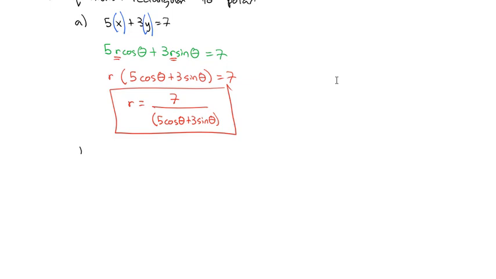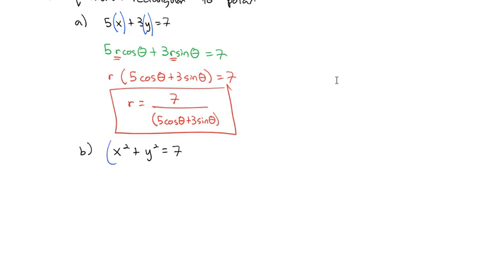Let's try just one more. What about x squared plus y squared equals 7? Now, before we just jump into using the strategy we just saw again, that would be using a sledgehammer to hit a nail on this one, I think. We want to make sure we use the correct tool. Yes, I can replace x with r cosine theta, and I can replace y with r sine theta.